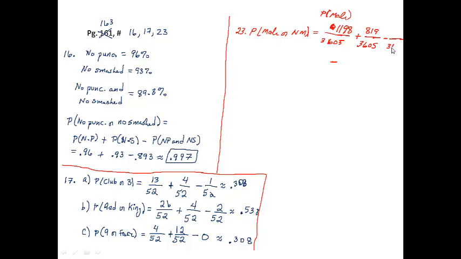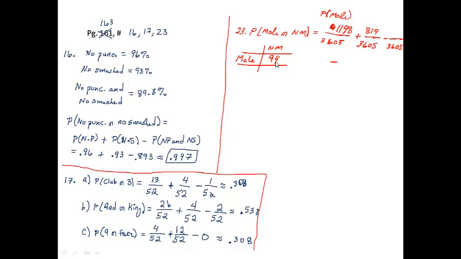So again, 3,605 students were surveyed. Now we need to know how many of them were male and nursing majors. So I'm going to draw a part of the table so we can see what I'm talking about. Okay, the word and means that they run into each other. They're an intersection or they overlap.